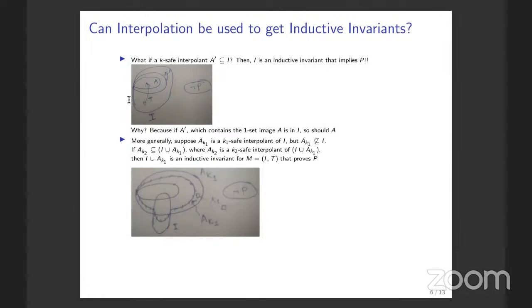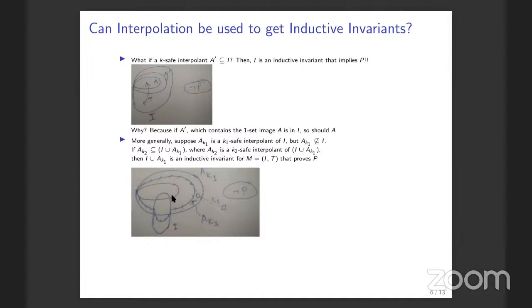So what I'm checking at each step is, if I run it up to get a k state thing, then that I union, if I further compute a k step interpolant from that, whether it is contained inside I union ak. So I start with I, then compute a k-safe interpolant, I union that with I, and then do k more.